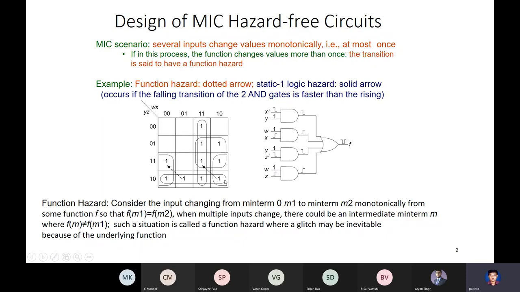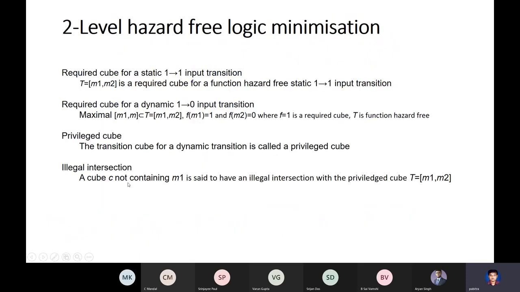That would be called an illegal intersection. Any cube C in your realization not containing the starting minterm has an illegal intersection with a privileged cube, and we should not have any cube in the final realization which involves an illegal intersection.